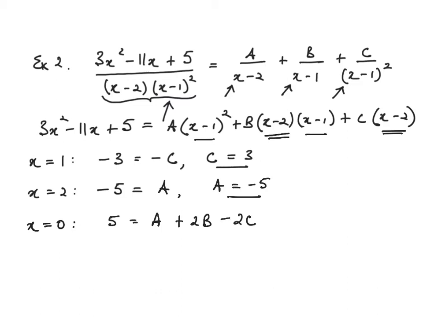I already know the values of c and a. a is minus 5 and c is 3. So I get 2b equal to 16 and b equaling 8.